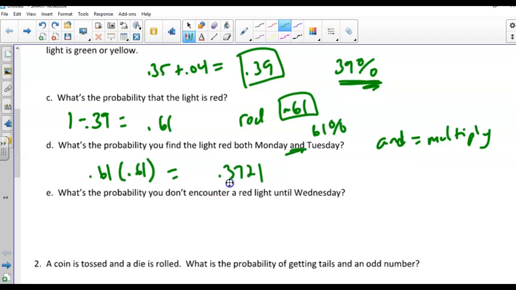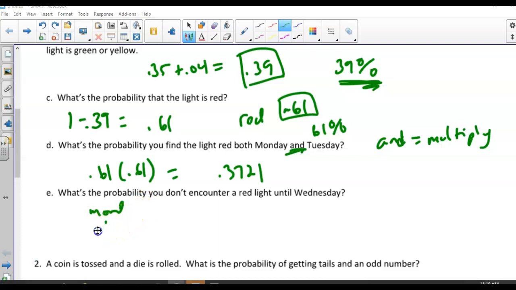Alright, and then for E, it says, what's the probability you don't encounter a red light until Wednesday? Well, we have to look at Monday. Monday, remember, we don't encounter a red, so that means yellow or green, which we found was 0.39.